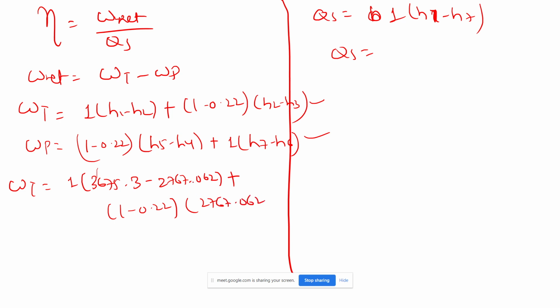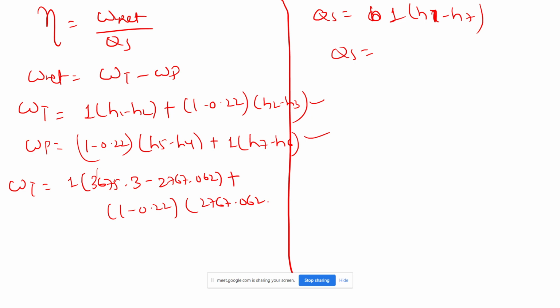You can directly take 2769 also. It won't affect the efficiency, but in the case of turbine work it will affect, because a 2 kilojoule per kg difference may take your answer out of the range, so keep that in mind.